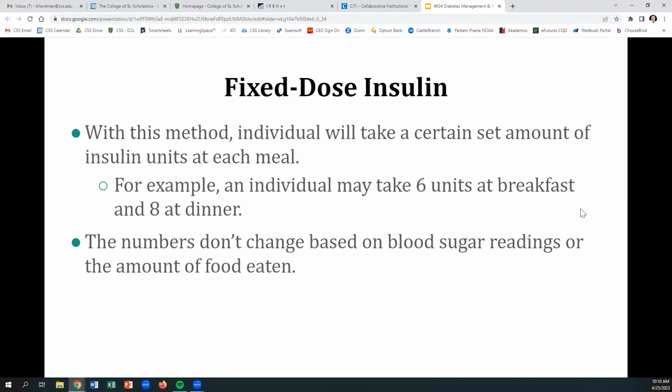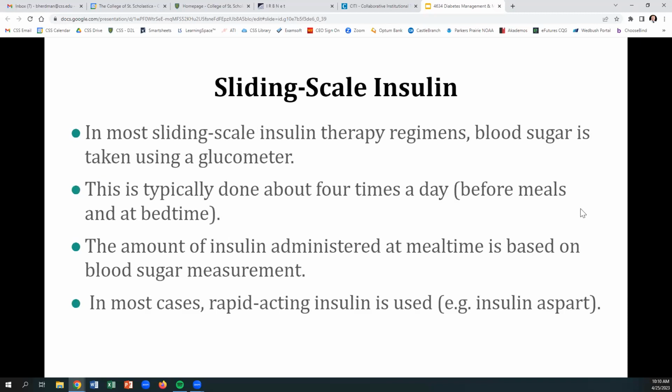All right? But now we're going to talk about something that's a little bit different and something that you may have seen in a clinical setting or perhaps in a setting that you've worked in, and that is sliding scale insulin, okay? So in most sliding scale insulin therapy regimens, blood sugar is taken using a glucometer, okay?